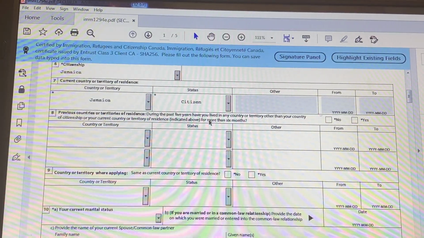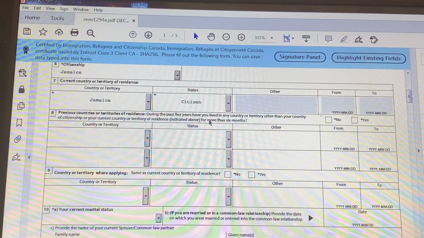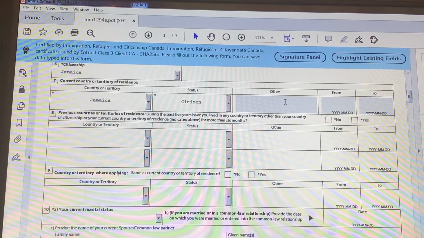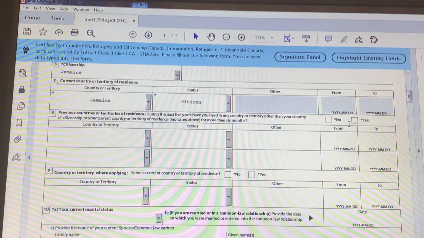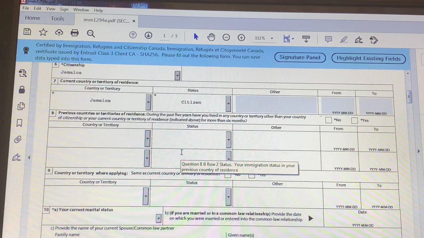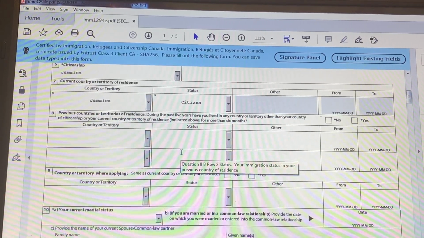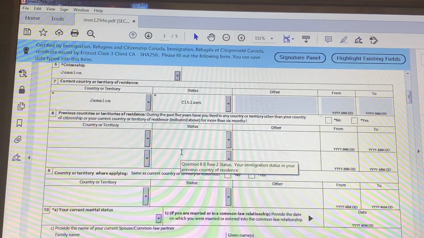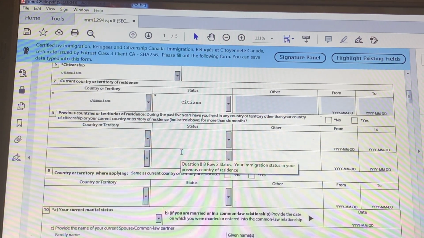He's not living anywhere else when he is applying for this application right now. Once you choose citizen, it then blocks out the other sections because obviously that's no longer important. However, if you're living in another country when you're applying, you have to put the date you got there and the date you're expected to leave. Okay, guys, that's very important.